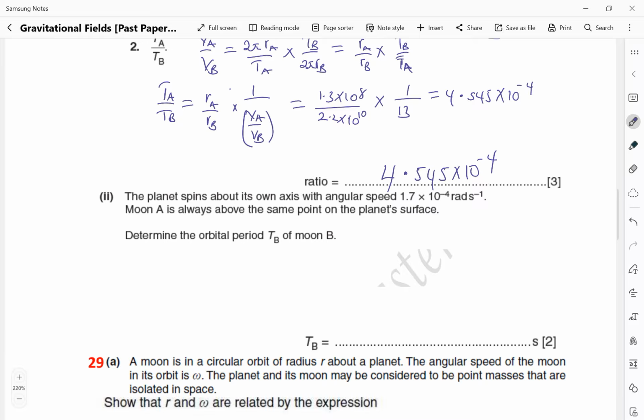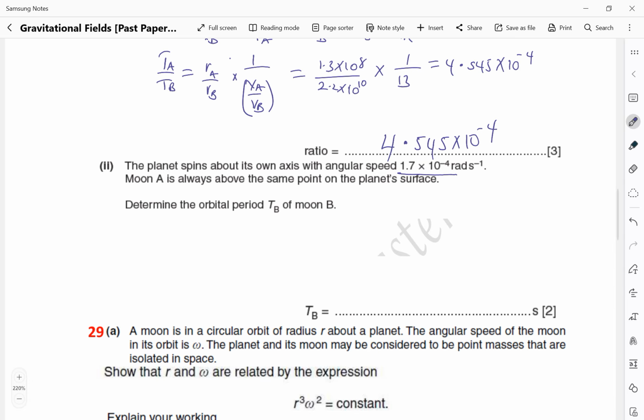Then the moon spins about its axis with angular speed of 1.7 times 10 to the power of negative 4 radians per second. Moon A is always above the same point on the planet's surface.